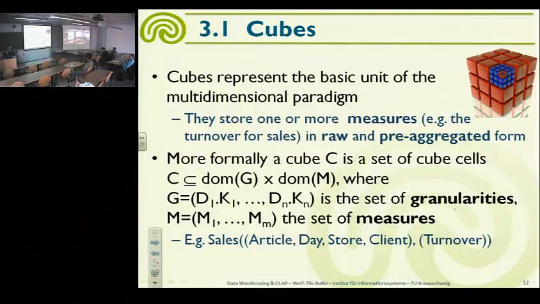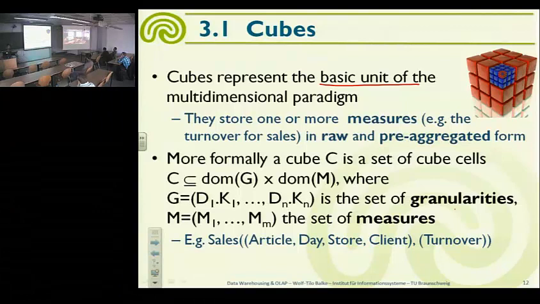And the cubes, we've already, in the conceptual model, had an idea of which entities we wanted to keep track of in the data warehouse. And these were the sales, the prices, in the earlier example that we mentioned. And it is basically the basic unit of the multidimensional paradigm.